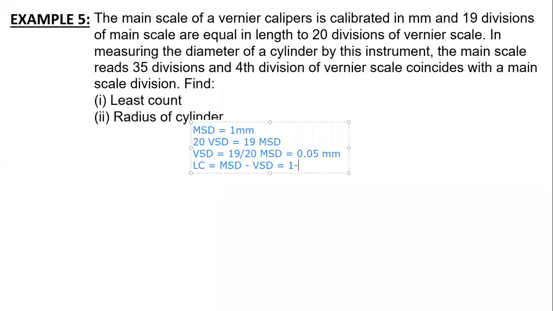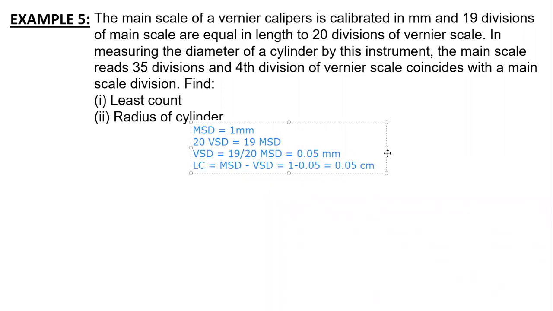So 1 minus 0.05, how much will that be? Sir, it would be 0.05. Are you sure? So 1 minus 0.05 is 0.05? How come?